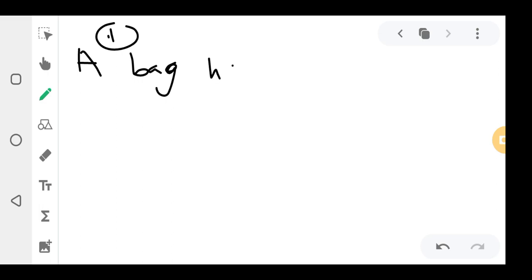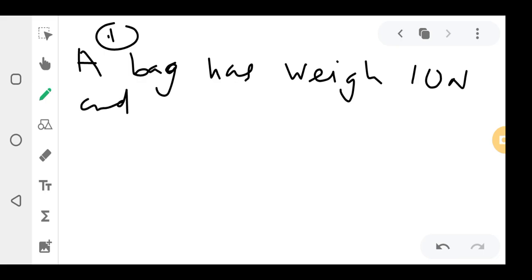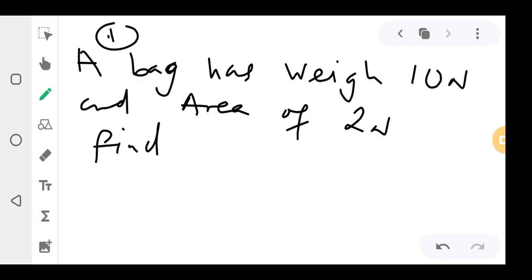A ball has weight 10 newtons and area of 2 centimeters squared. Find the pressure.